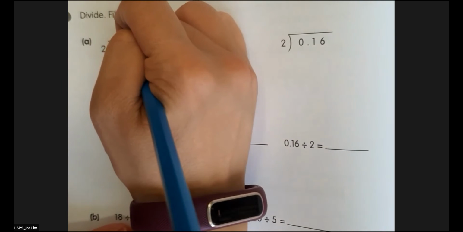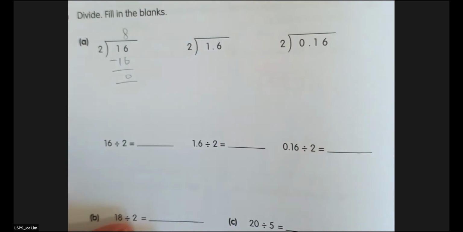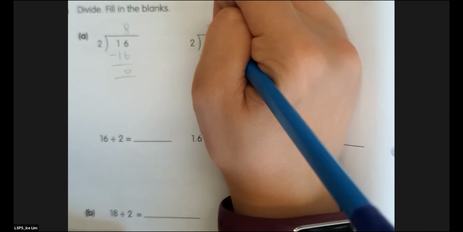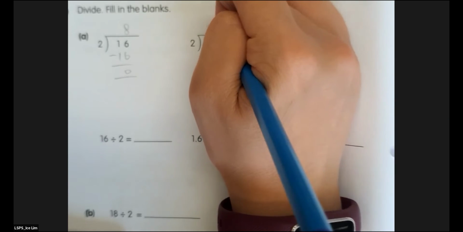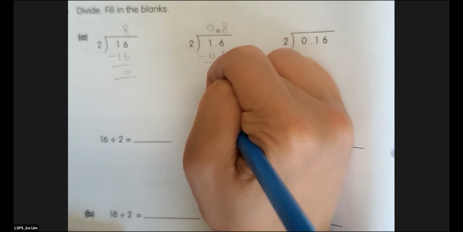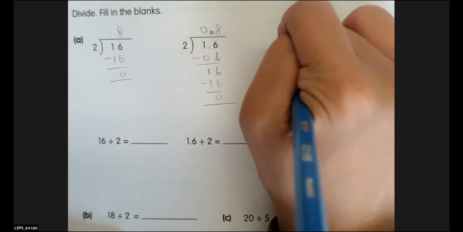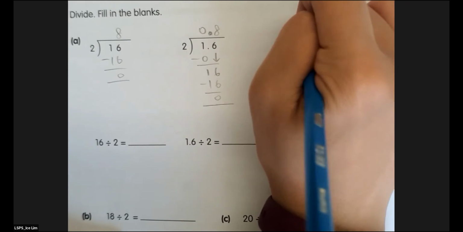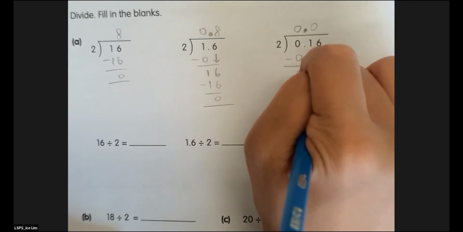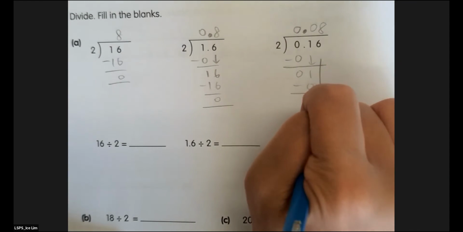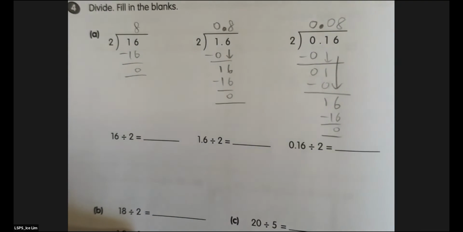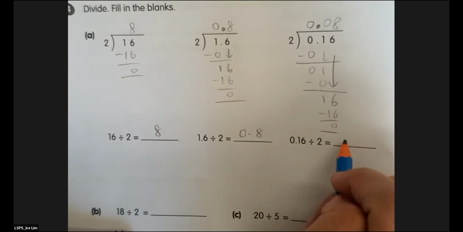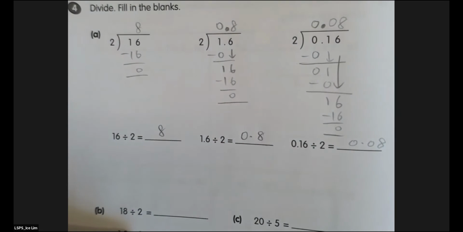For example, so I have 8, 0.8, 0.08. Does it make sense?